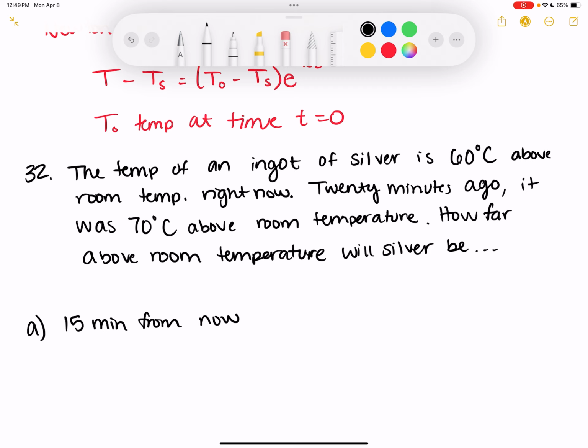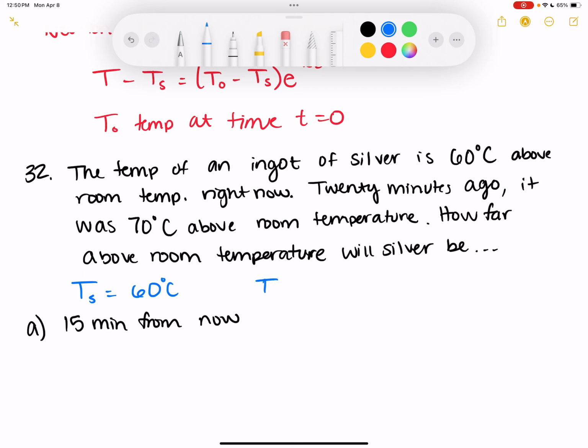All right, so we know that at the present time, the temperature is 60 degrees above room temperature. So we're just going to treat it as 60. So T sub S is going to be 60 degrees Celsius, more or less.